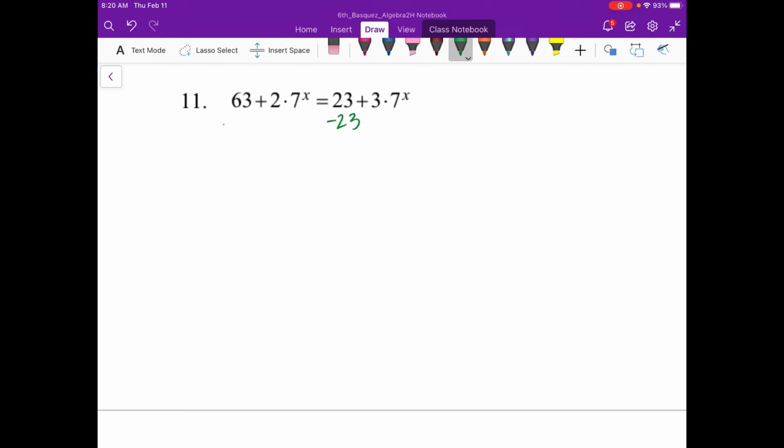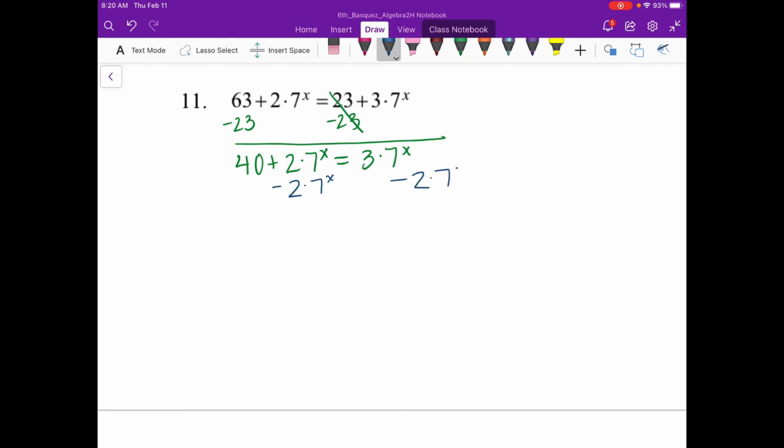I would go ahead and start by subtracting the 23 over. That gives me 40 plus 2 times 7 to the x equals 3 times 7 to the x. I'm going to move the exponent over to the right-hand side.